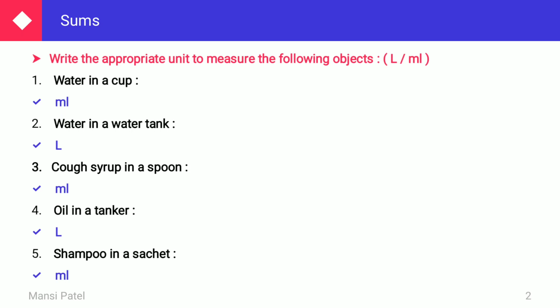So the liter is the biggest and the milliliter is the smallest unit of capacity. Which one is the biggest unit of capacity? It is the liter, and the smallest unit of capacity is the milliliter.